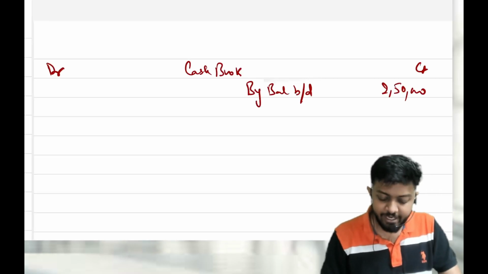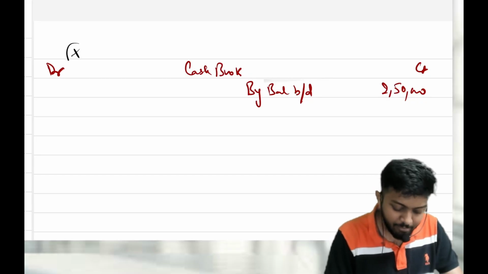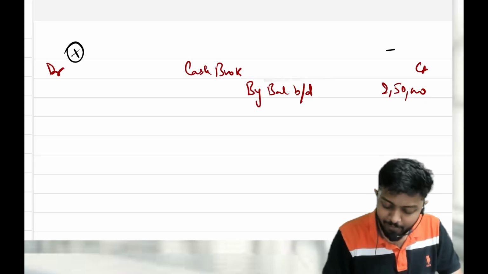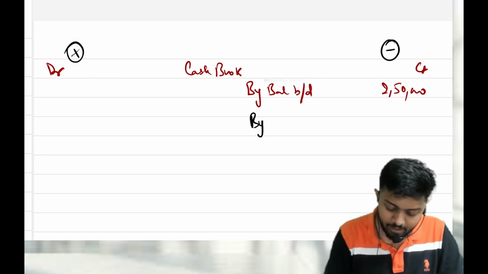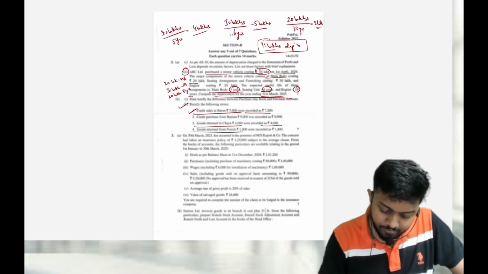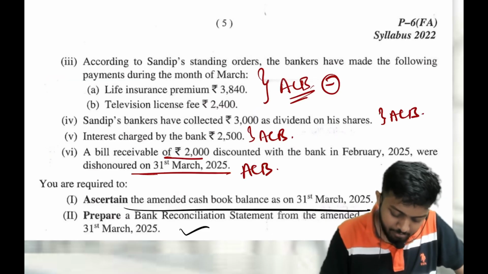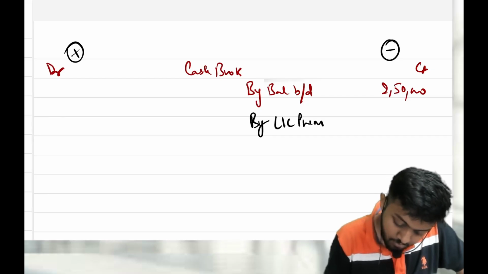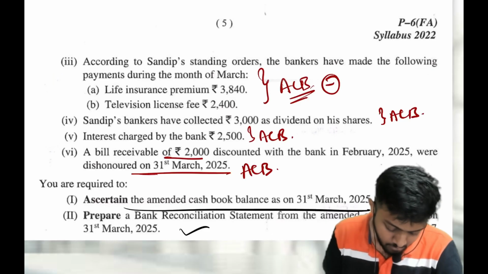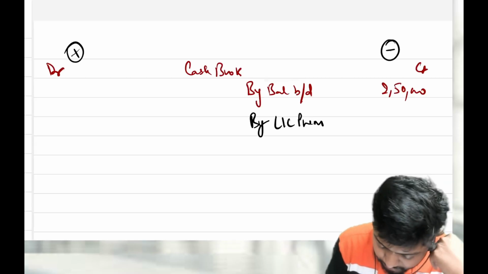Now when you are doing the amended cash book, all the pluses will come in debit side, receipts. All the minuses will come in credit side. Here it's minus, so I'll write by life insurance premium, 3,840.